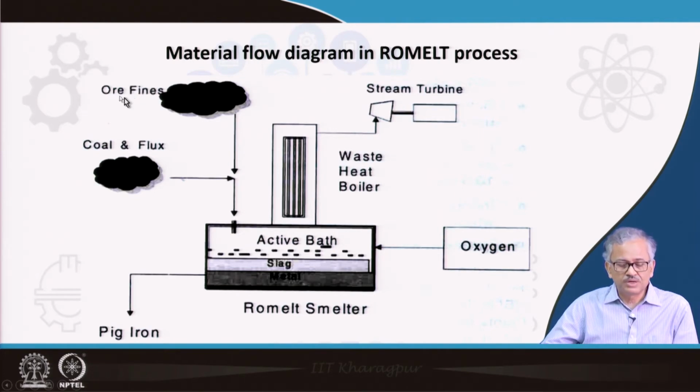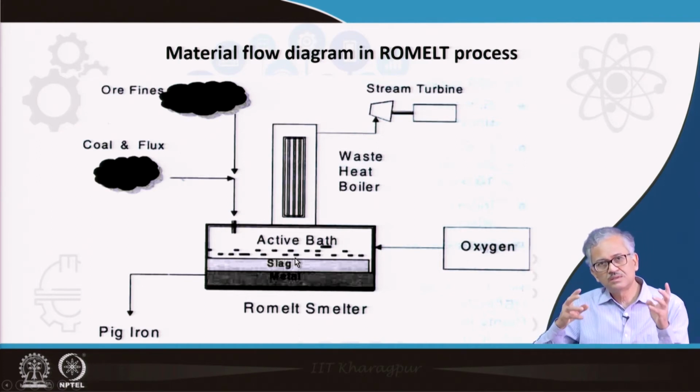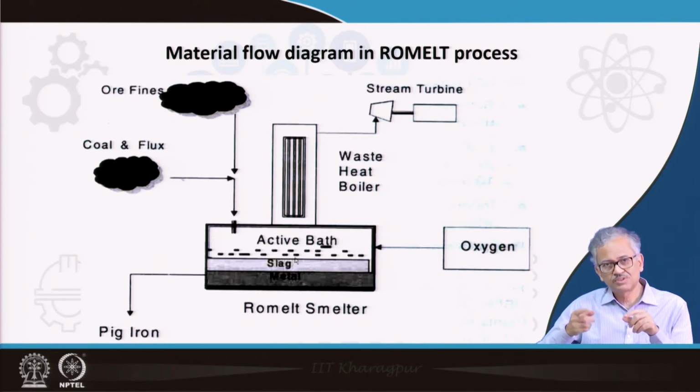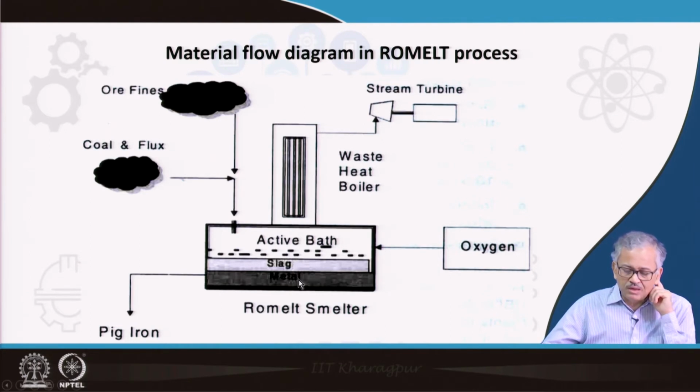It can be any kind of iron bearing waste material, and the coal fines are charged into it, and you can charge the oxygen, and then you generate intense heat and take everything into the slag phase. Then the carbon will reduce the iron oxide from the slag phase to iron, and by gravity iron will settle at the bottom and the reaction will go on.